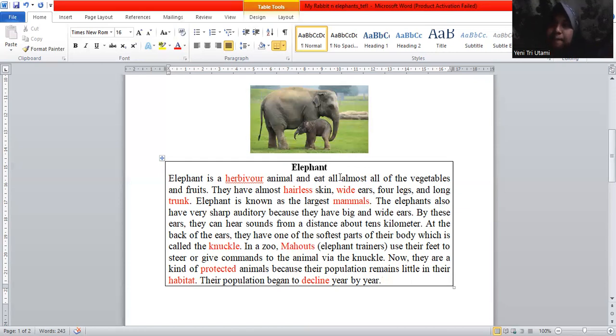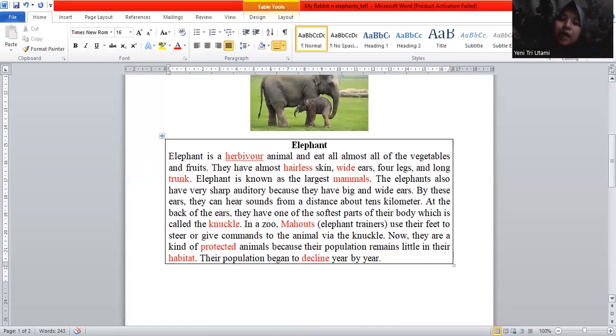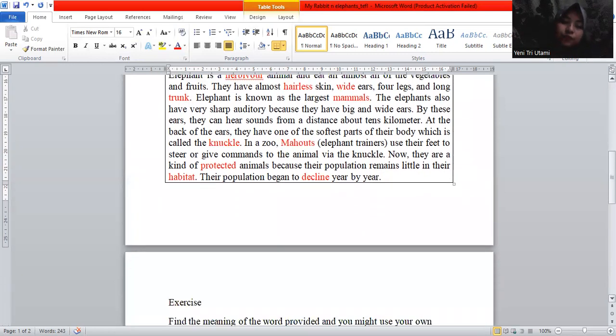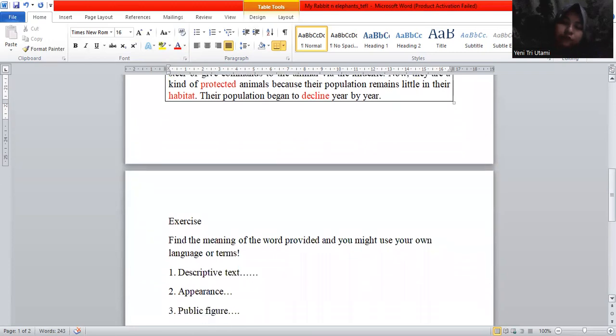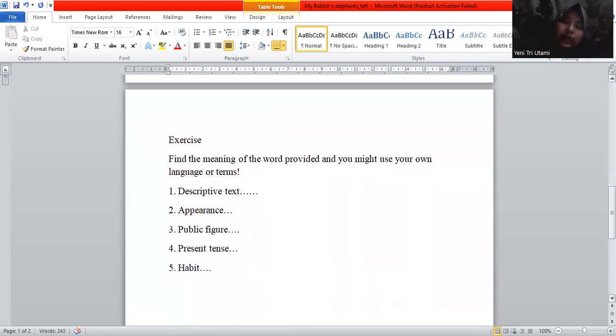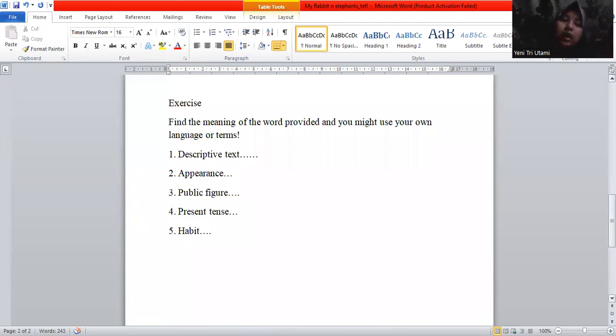Okay, after that, I will give you a piece of paper which consists of a short exercise, and you need to do it in 10 minutes. This exercise is about several new vocabulary words that I provide, and it is based on what we have talked about in these meetings. It relates to this descriptive text.